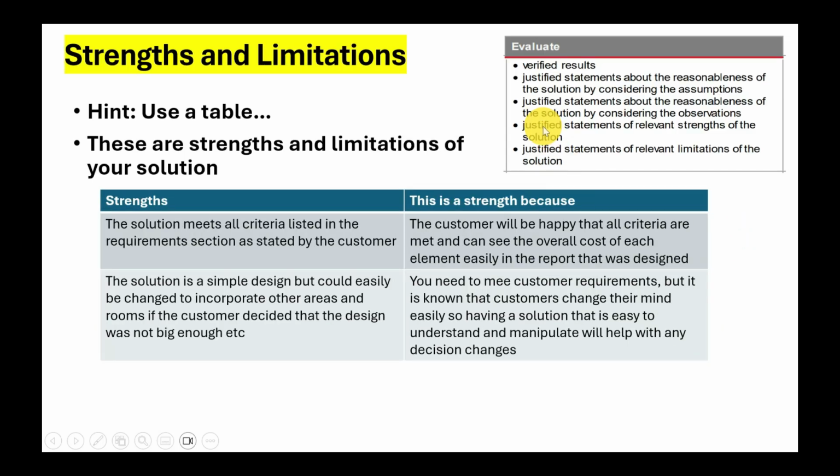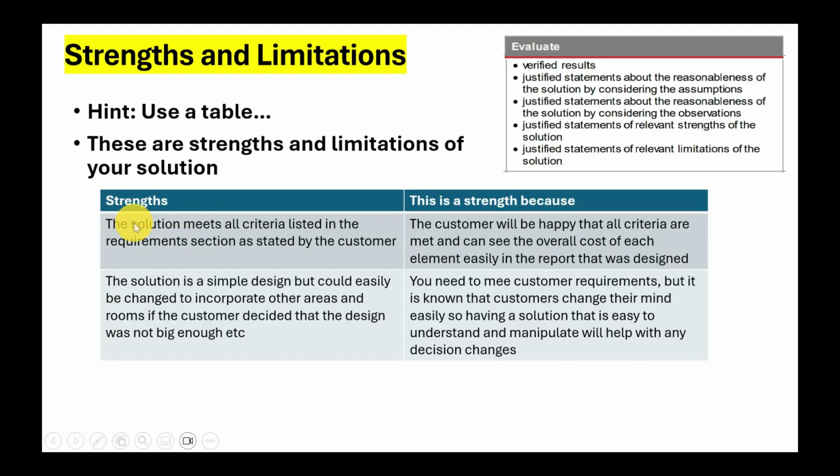The last 2 dot points here are your strengths and the limitations. Now, note, it is plural, strengths and limitations. So you need at least 2, and you need to explain them. Again, hint, massive hint, use a table, put the strength here, and then this is a strength because. When you attempt to explain why it's a strength, you're having the potential to hit this word justify.